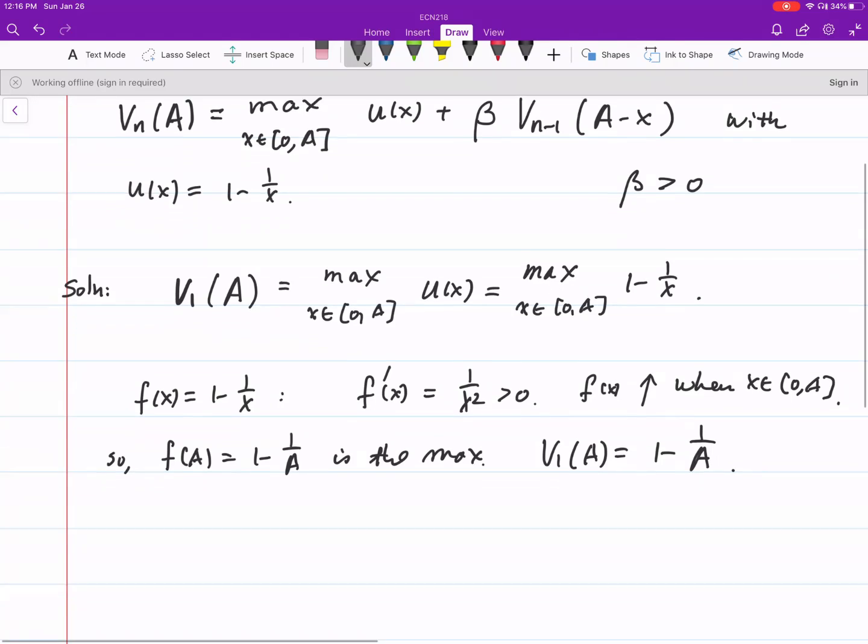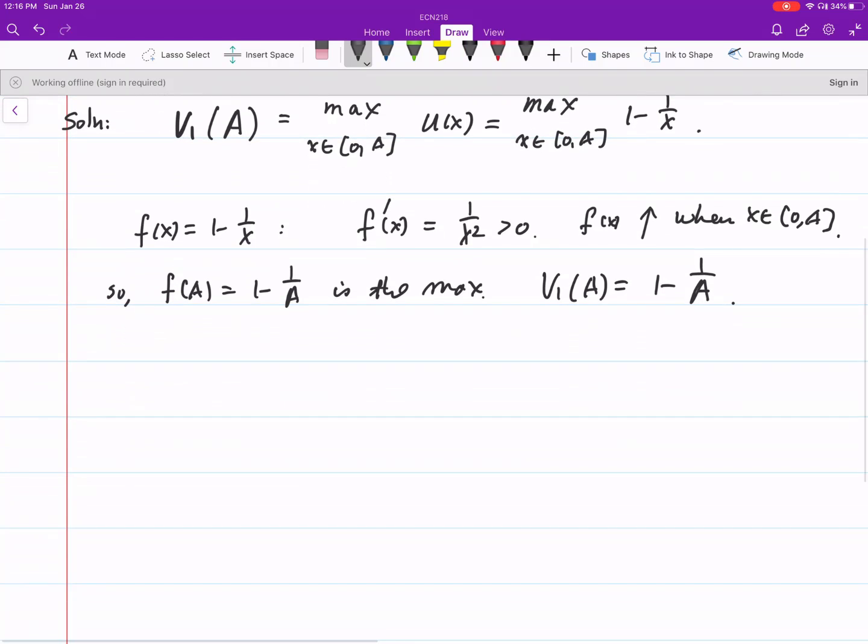Now, after this one, we're going to find V2. Let's first write down the formula. V2 of A is going to be the maximum. Again, this is a so-called absolute maximum problem.